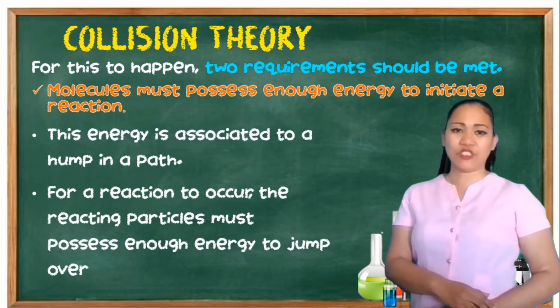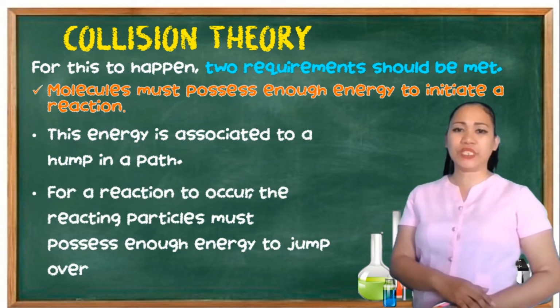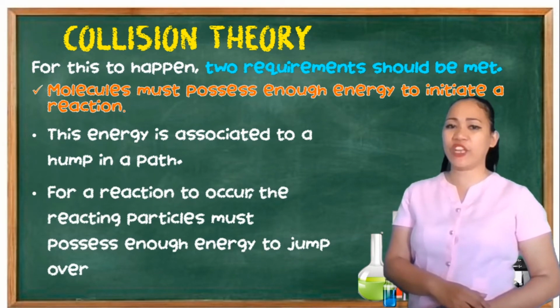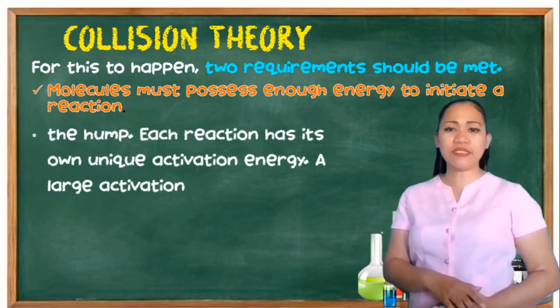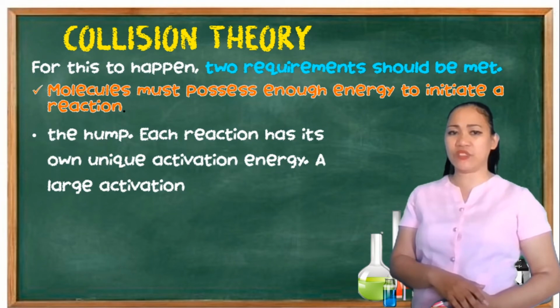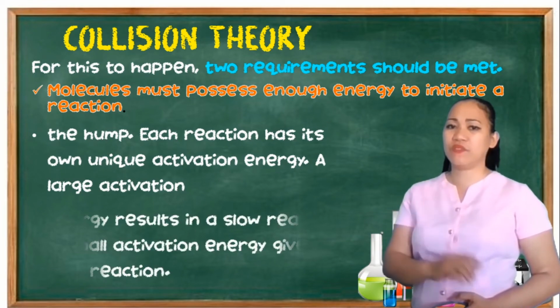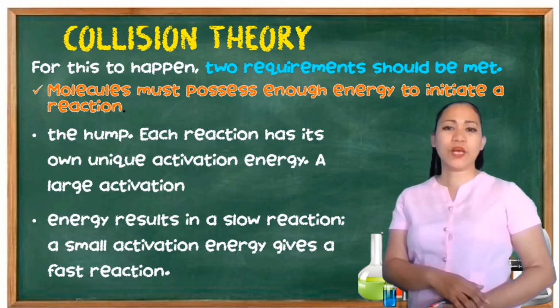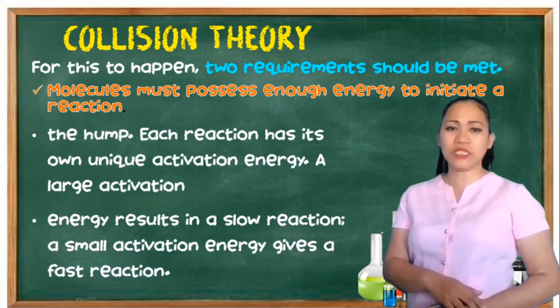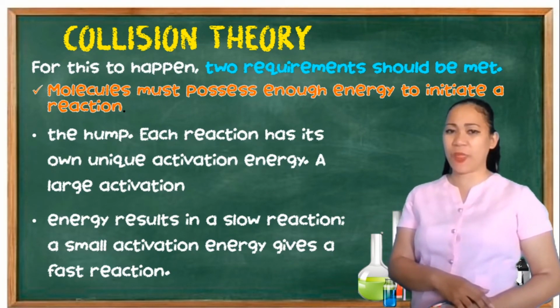For the reaction to occur, the reacting particles must possess enough energy to jump over a hump. Each reaction has its own unique activation energy. A large activation energy results in a slow reaction, while a small activation energy gives a fast reaction.